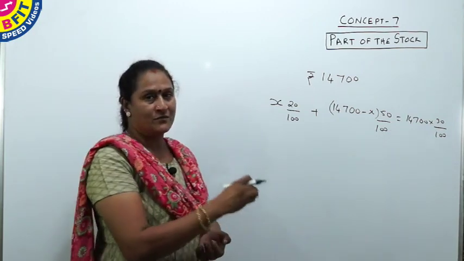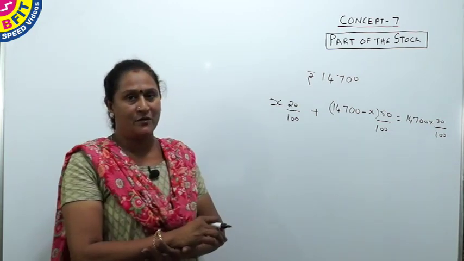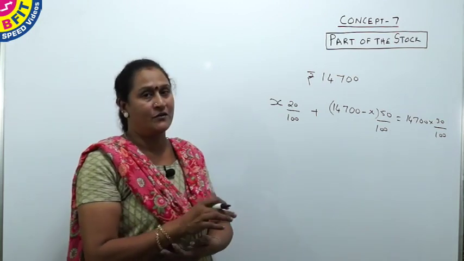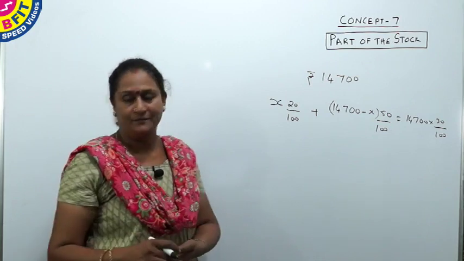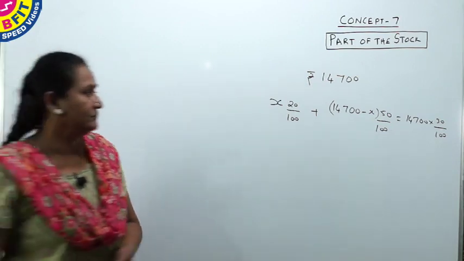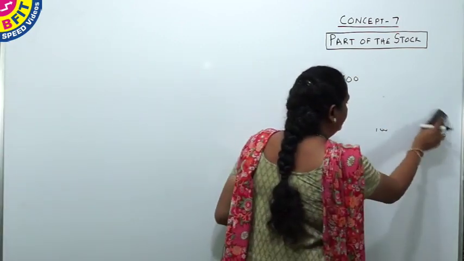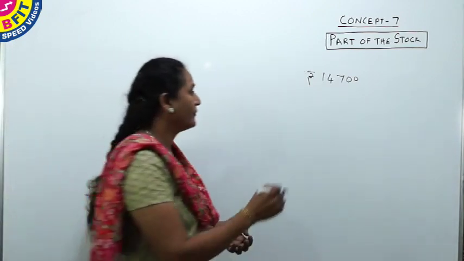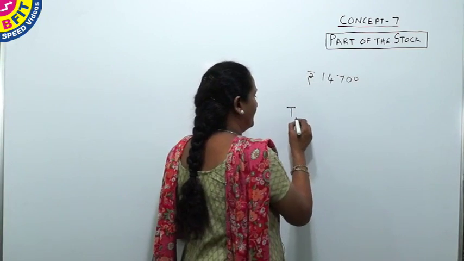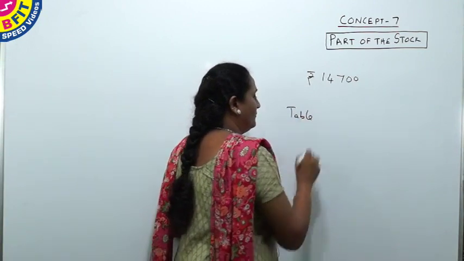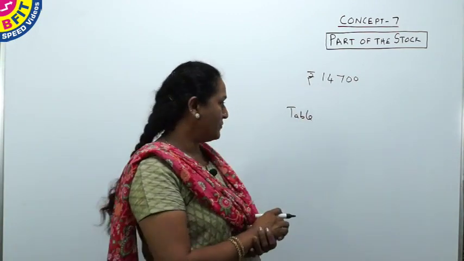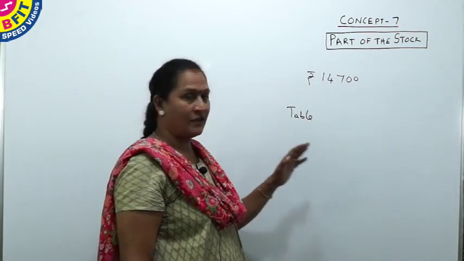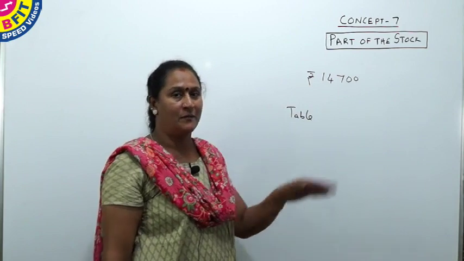So we'll solve this question by using the alligation process, finding the ratio of cost, and then finding the cost of the table and the chair. So we use the alligation process to find the ratio. Here by using this process, we can find the ratio of cost of table and chair.